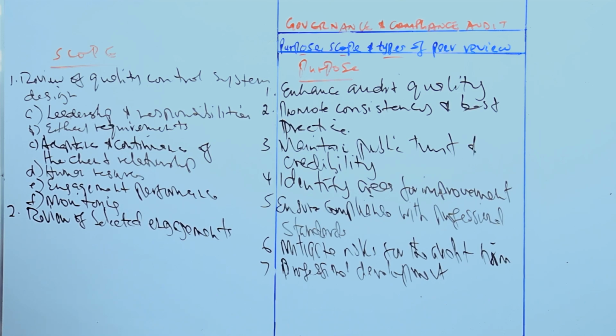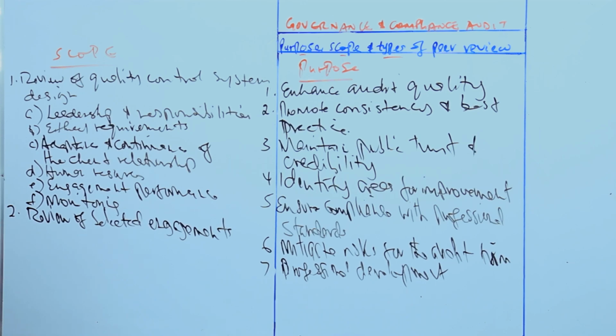The peer reviewer will select a sample of completed governance and compliance audit engagements. And for these selected audit engagements, the reviewer will examine the audit documentation and reports to determine if the work was performed and reported in accordance with professional standards and the firm's own quality control policies.